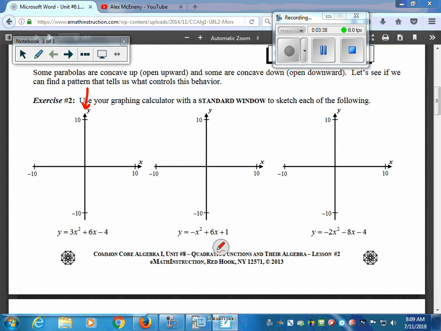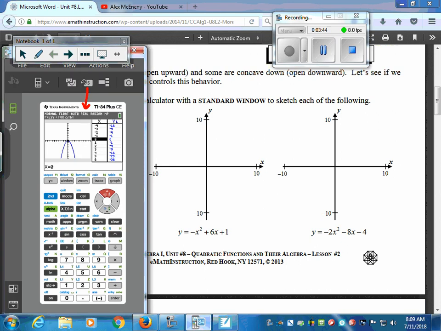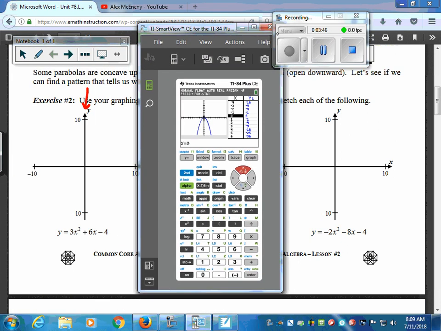Does it open upward or downward? And you're going to be able to tell that from the first value. So I'm going to put that first graph in. I'm going to go to y equals, and I'm just going to type in 3x squared plus 6x minus 4. And then I'm going to hit second and graph.